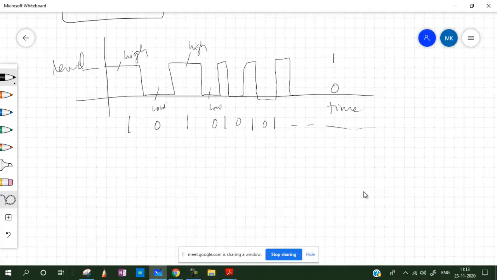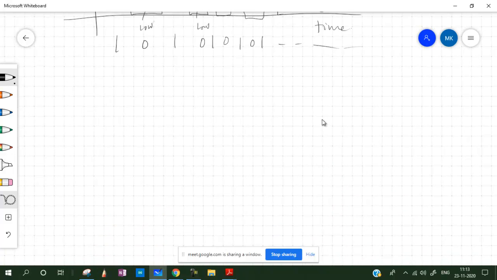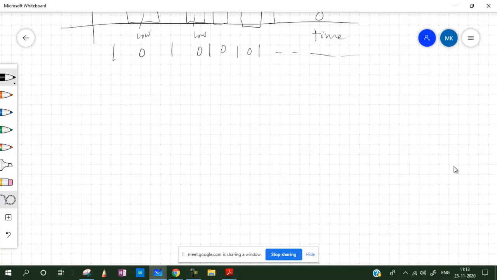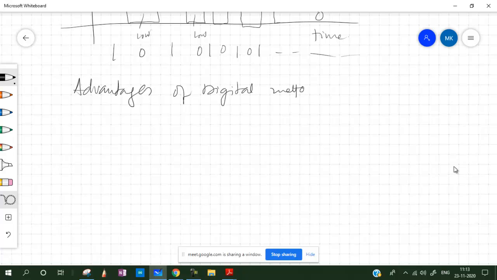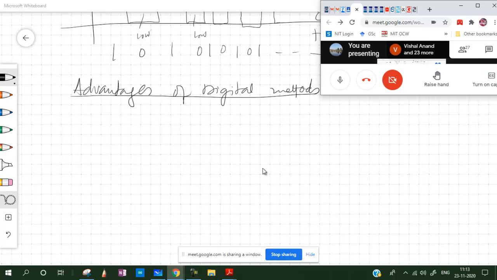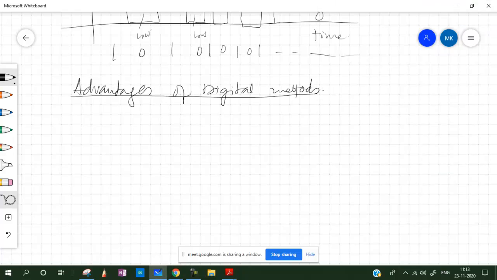Now, another question could be, why do we go for digital methods, or why do we use digital signals? Why not directly analog signals? The reasons could be listed here. The advantages of digital methods are the features.